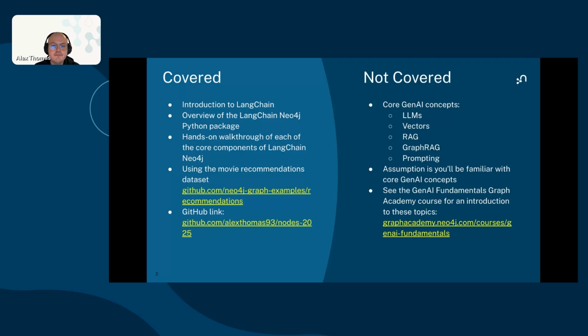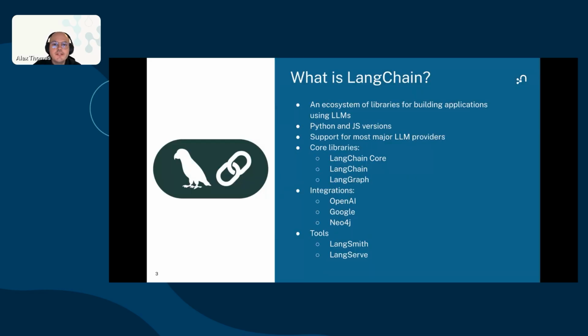Okay, let's get started. So what is LangChain? Nowadays, LangChain is a company which supports an ecosystem of libraries for building applications using LLMs. The original LangChain library was probably the first big library for developing GenAI apps, which came out shortly after LLMs really took off a few years ago.